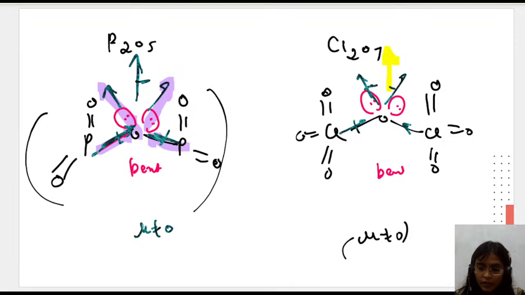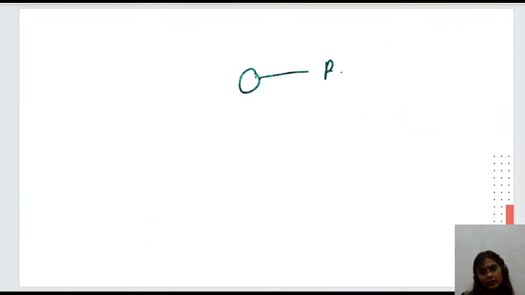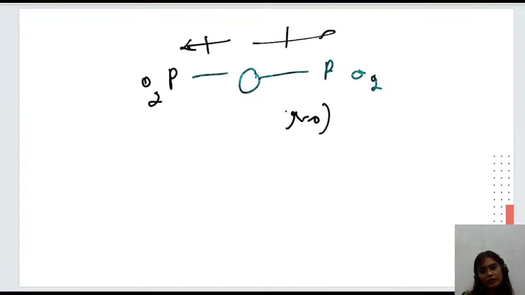OP Tandon. So then what is going to happen after that? Yeah, let's suppose maybe you are saying, ma'am, you can say this is zero. If this is zero, let me explain what I want to say. Let's suppose this is PO2, like this, and you have to consider it linear. Then you can say the dipole moment is going to be zero, right?